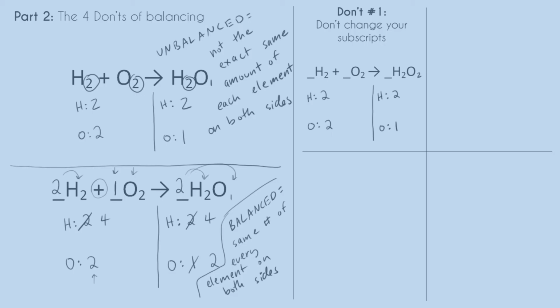And then look at me, I have 2 oxygens on the right-hand side, and now I'm balanced. We are not allowed to do this. We can only ever change the coefficients in balancing, never the subscripts. This is because the subscripts are trying to tell you information about that molecule.